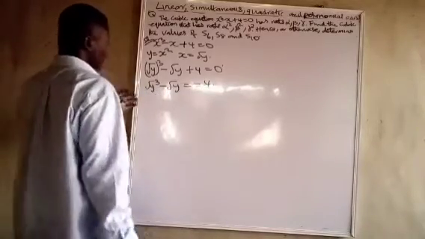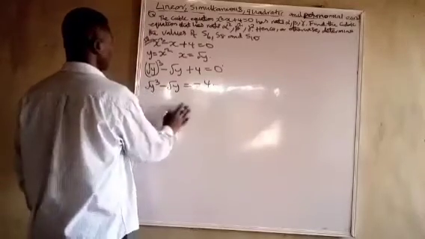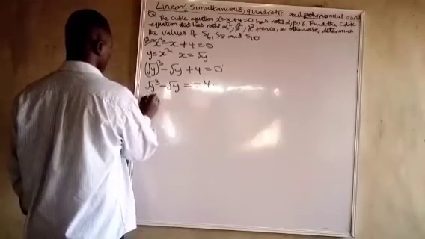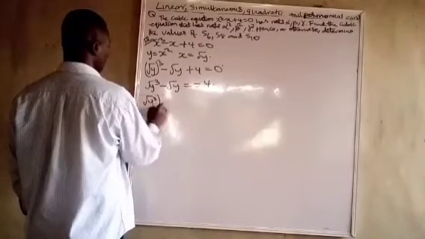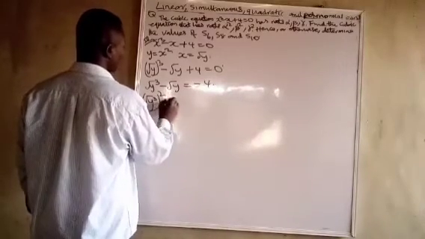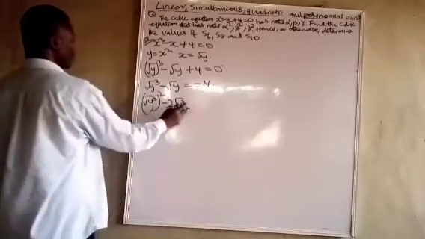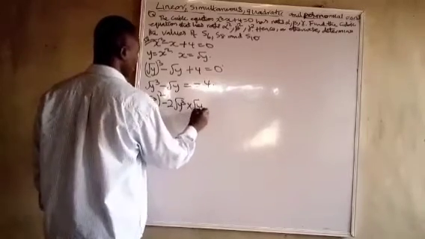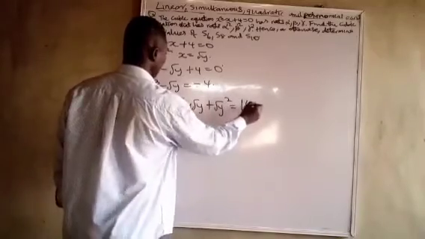Now let's square both sides. So I'm going to have root of y cubed squared minus 2 into root y cubed times root of y plus root of y squared is equal to 16.